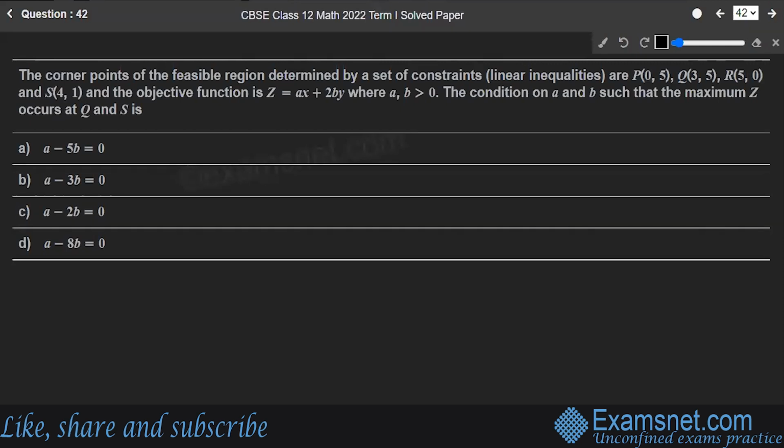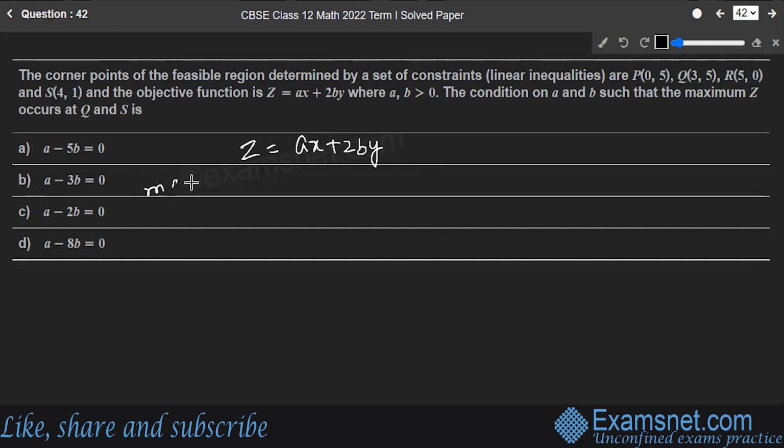Question number 42: the corner points of the feasible region determined by a set of linear inequality constraints are P, Q, R, and S. The objective function is given by z equal to ax plus 2by, where a and b are positive. The condition on a and b such that the maximum z value occurs at Q and S is: first of all, z is given by ax plus 2by.